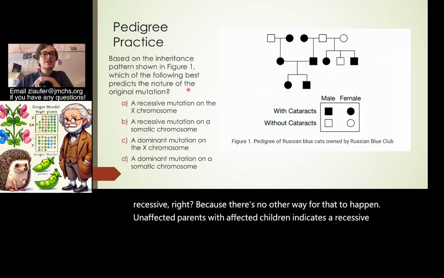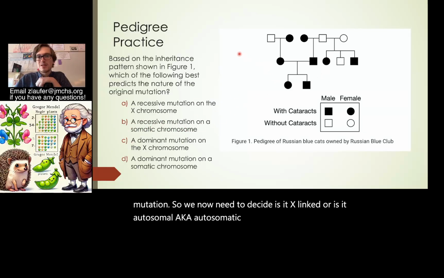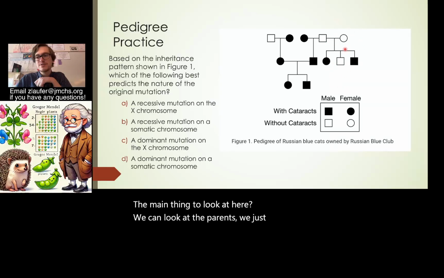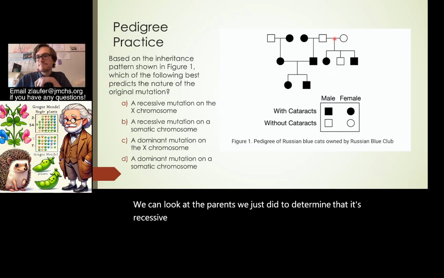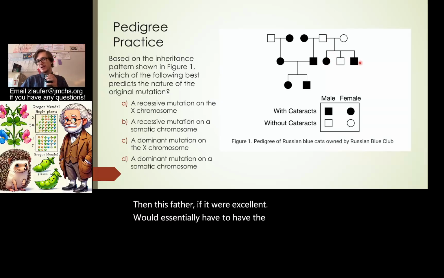So we now need to decide, is it X-linked or is it autosomal, aka on a somatic chromosome? The main thing to look at here, we can look at the parents we just did to determine that it's recessive. So if it's recessive, then this father, if it were X-linked, would essentially have to have the trait because a female and a male child both have it.